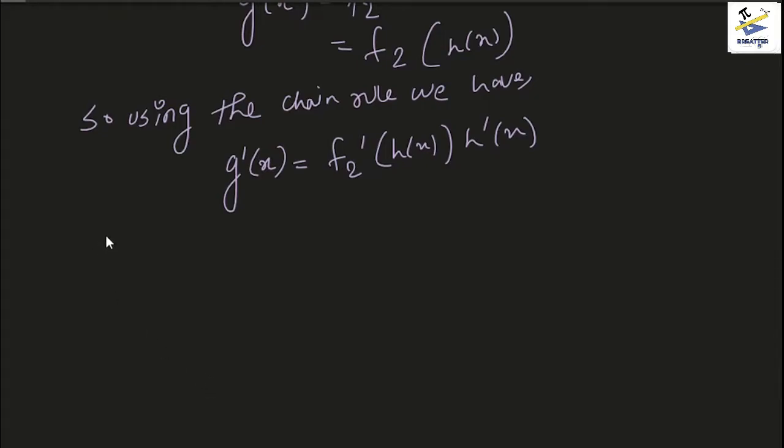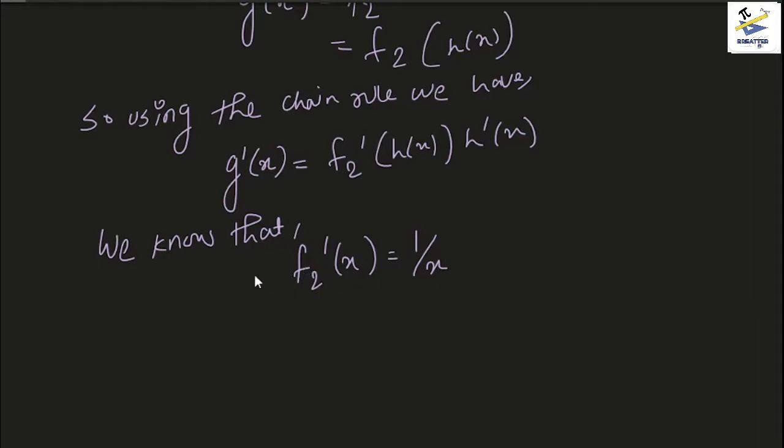So we know that f2 prime x is just equal to 1 upon x, right? Because since f2 of x is the logarithm of x, where log is the natural logarithm, the derivative of that would just be the reciprocal of x, because that's the standard derivative which we have evaluated many times.